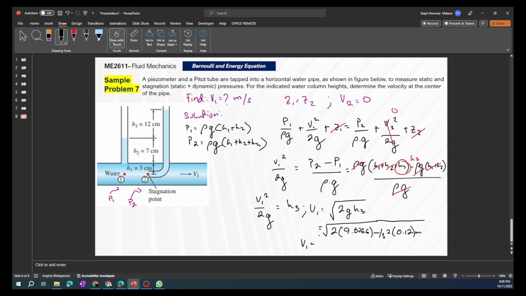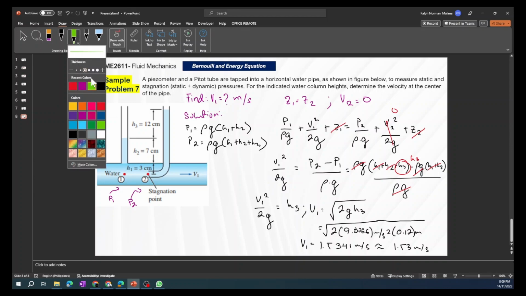That will be 1.5341 meters per second, and then box that answer.